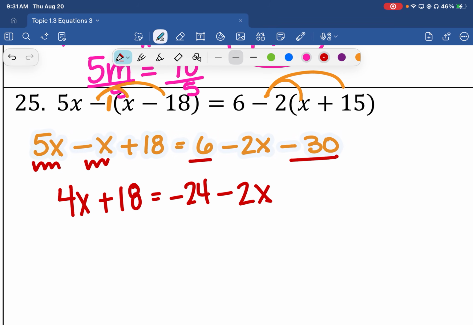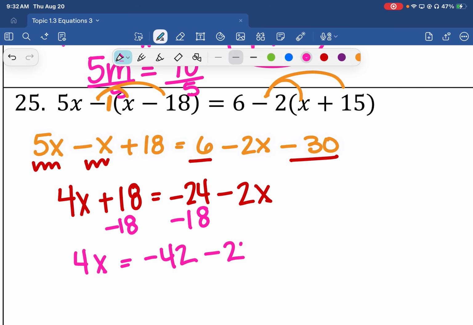Now we have to get our variables on one side. So how do I do that? Subtract 18 on both sides. And we would get 4x is equal to, what is -24 minus 18? -42.